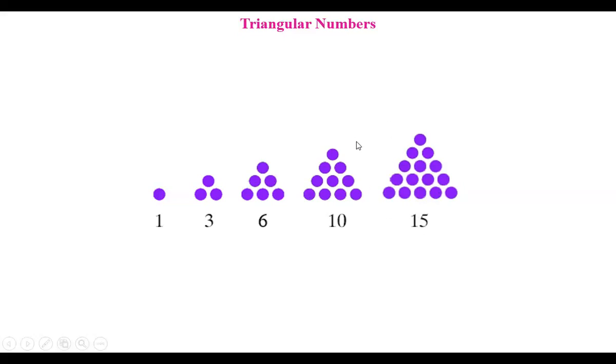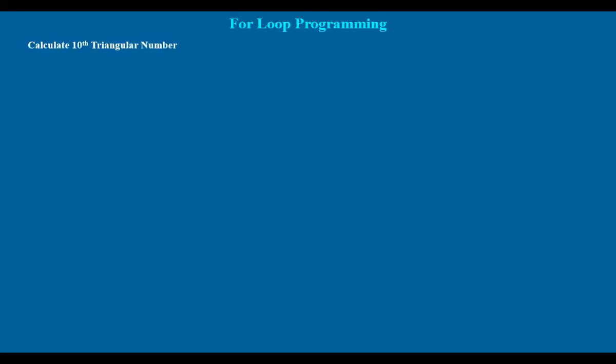Let us see how the number of balls required to form a triangle can be calculated using a for loop. I want to calculate the 10th triangular number. So here we write a program by taking two integers, n and a triangular number.